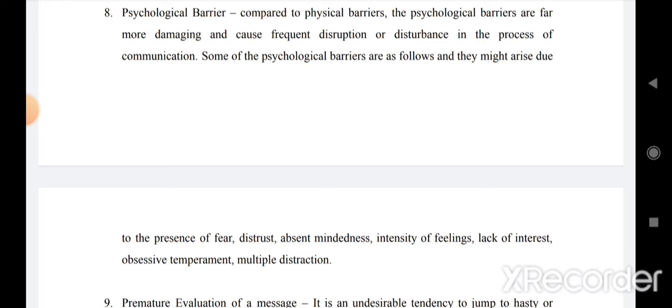That is intensity of feelings. When you're overwhelmed with your emotions, you feel yourself to be choked, right? The voice does not come out. There can be lack of interest, obsessive temperament, multiple distractions. So, all these things come in the category of psychological barrier, which stops you from having effective communication.